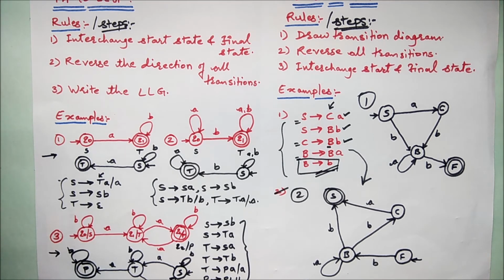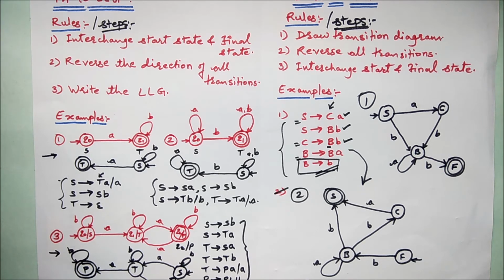So let's move ahead with a very interesting problem statement where normally many a time they will ask you to convert LLG to FA or FA to LLG, FA to RLG, RLG to FA, but also they may ask you to convert LLG to RLG or RLG to LLG, right?